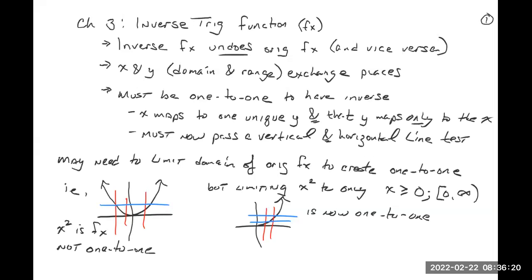Well, when we do that, we only have this one arm, and it passes a vertical line test and a horizontal line test. So if we're only putting non-negative input into x squared, then we have a one-to-one function and we have an inverse, which undoes it, and that is the square root of x. Any questions on what inverse is?